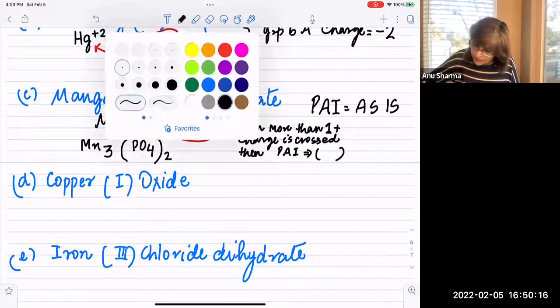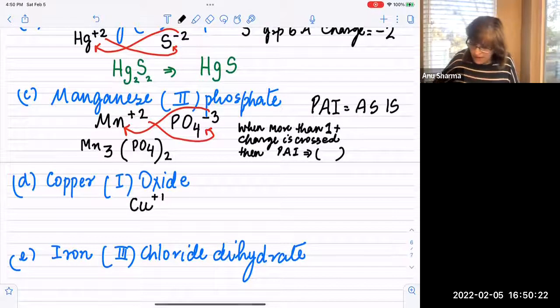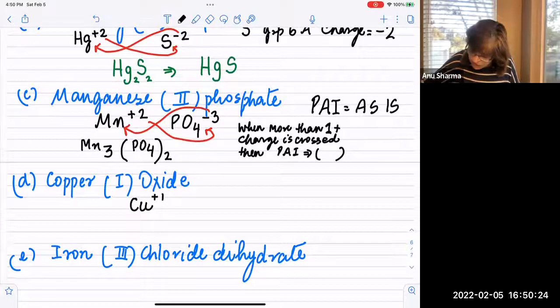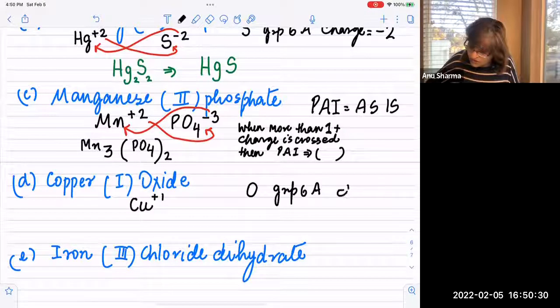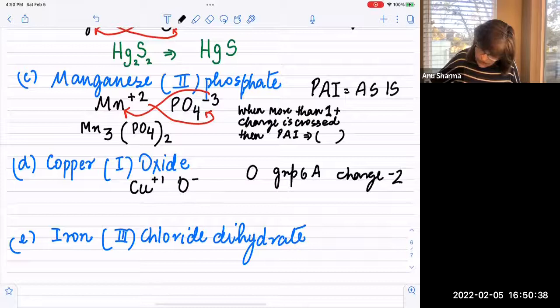Next is copper(I) oxide. Copper(I) means copper +1. Oxide, oxygen, belongs to group 6A, and the charge is -2. This comes with practice, or with memory. Oxygen is -2.